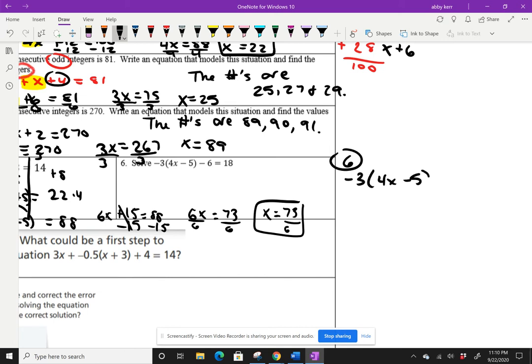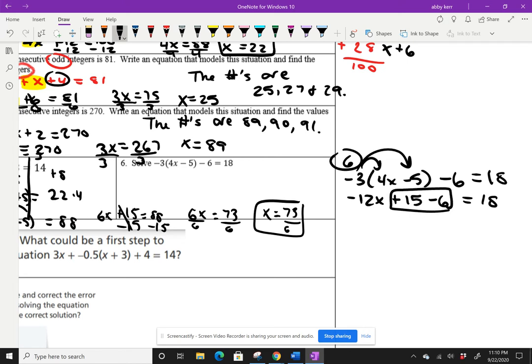Number 1 mistake that I see, students distribute incorrectly. Negative 3 times 4 is negative 12x. This is the part that I see that's wrong. Negative 3 times negative 5 is actually a positive 15. You should get 15 minus 6, which is 9, a positive 9, so it's adding 9.